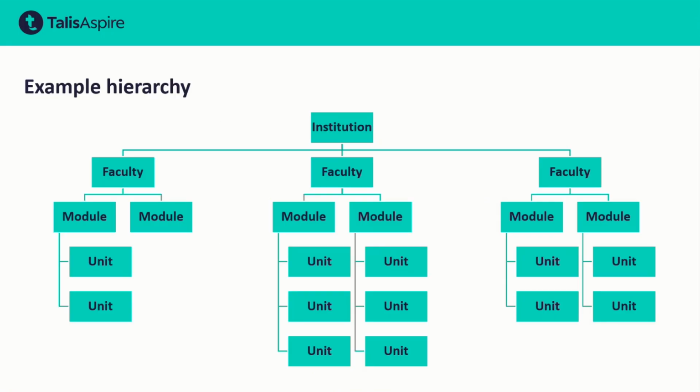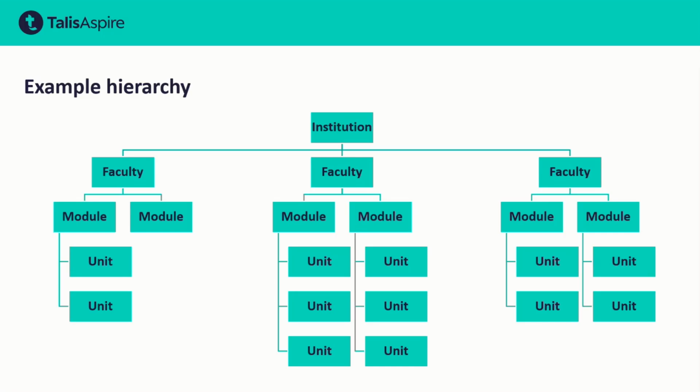And in terms of what we're talking about when we visualize hierarchy, when we mention nodes, this is what we're talking about. You can see here that at the top we have the institution nodes. So that will be your University of Broadminster or University of wherever your university is. Then that will be split into the separate faculties, and then each faculty will have, for example, modules or courses associated with it, and then those will be broken down into individual units.